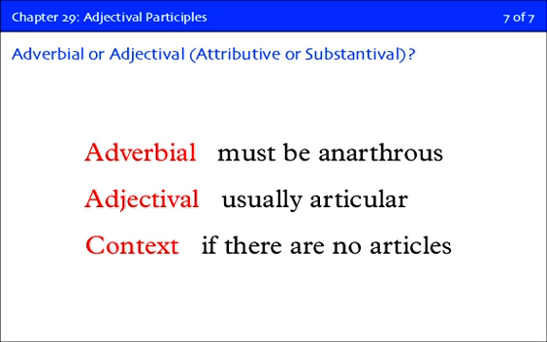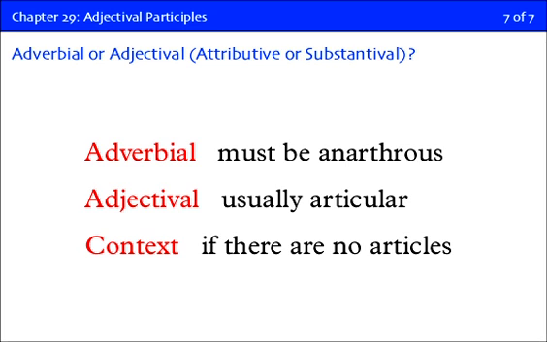If you see a participle that has the article, it can't be adverbial, it must be adjectival. Now, I'm using grammatical language because it's the most concise way to do it. And so you need to sit and sift through that and make sure it's all clear in your head.